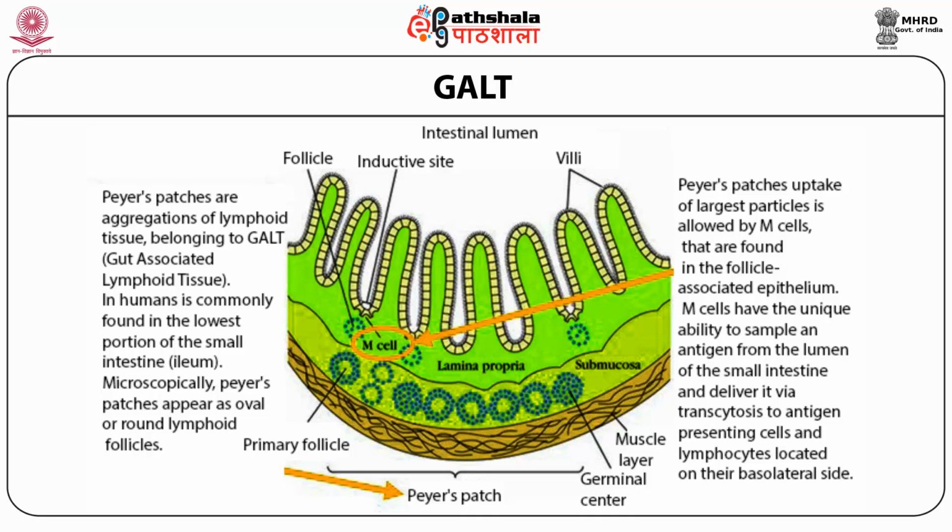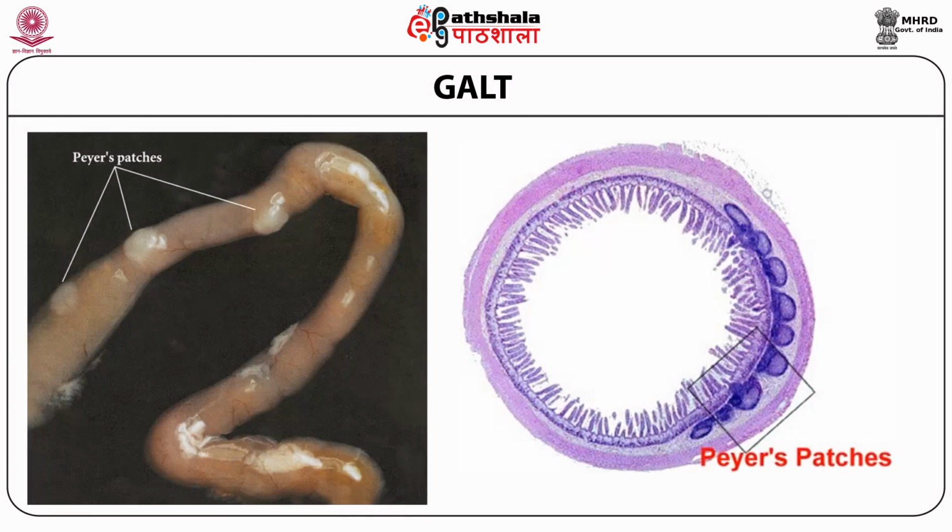Peyer's patches are aggregations of the lymphoid tissue which belong to GALT. In humans, it is commonly found in the lowest portion of the small intestine, that is the ileum. Macroscopically, Peyer's patches appear as oval or round lymphoid follicles. Uptake of larger particles in Peyer's patches is allowed by M cells that are found in the follicle associated epithelium.